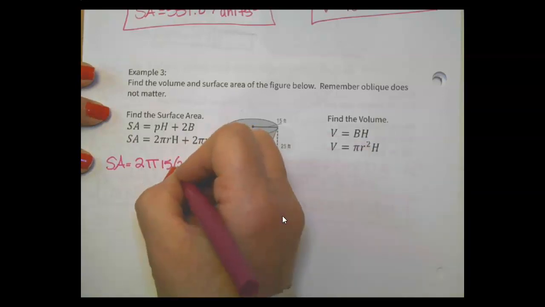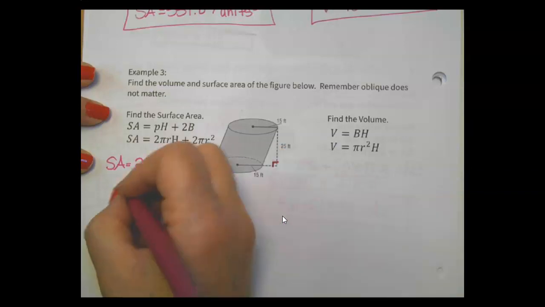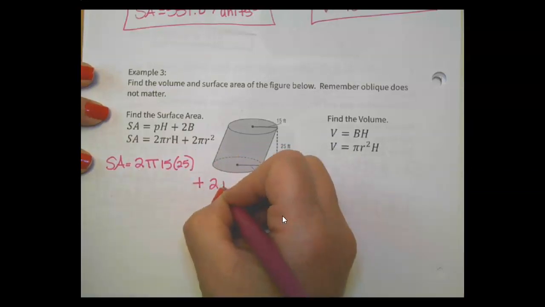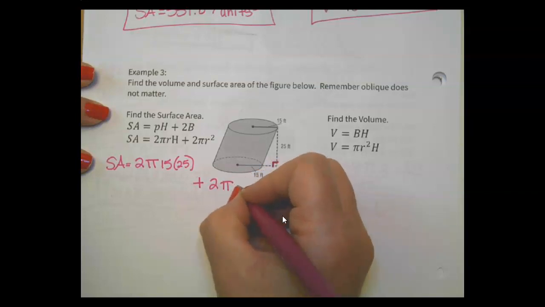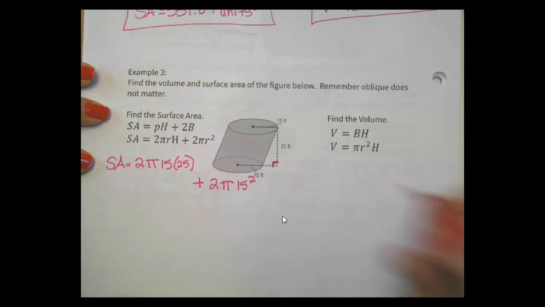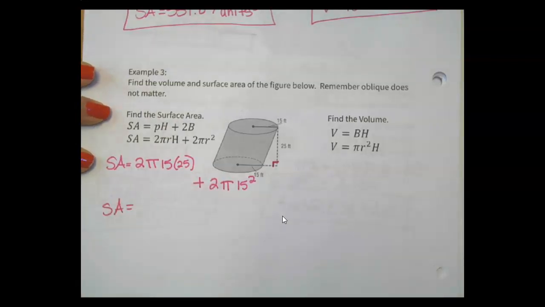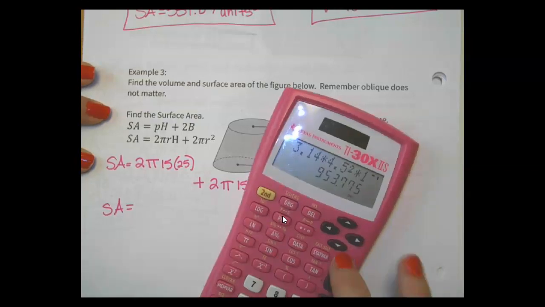So 25 plus, I don't know why I did that so close, 2 times the actual pi key, r, which is 15 squared. So SA, punch this into your calculator. So clear, 2 times, where's my pi key?